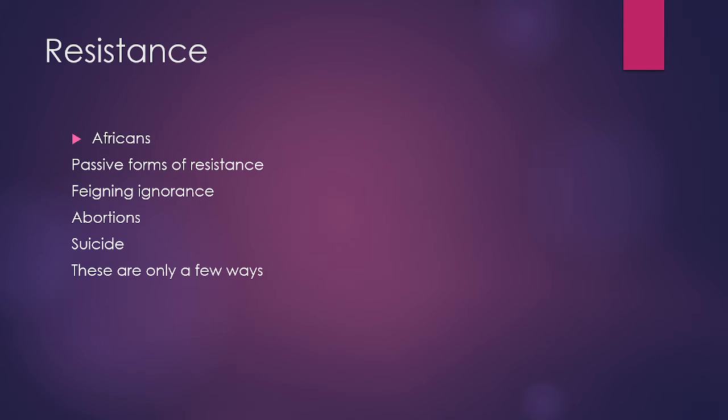So that's when I will talk about the resistance of the Africans. Even though the Africans were basically enslaved, and they didn't have to fight against them to get them, there were passive forms of resistance. These included sabotage and damaging the tools, equipment, and other property belonging to the planter.